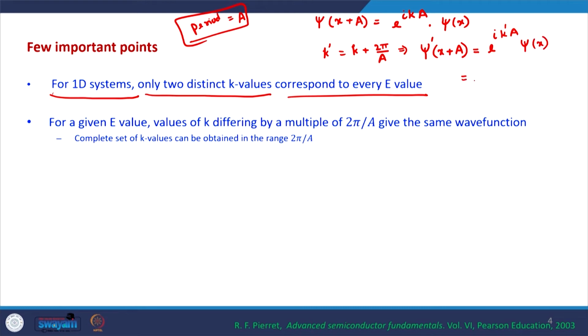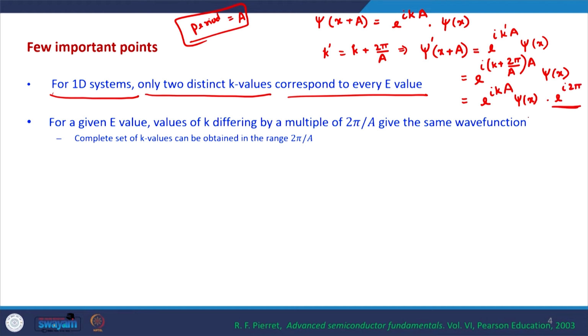If we put k prime to be k plus 2 pi by A, this will essentially be exponential i k A times psi x into exponential i 2 pi, which is essentially 1.